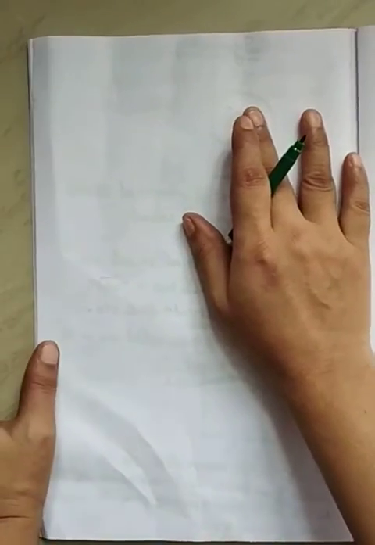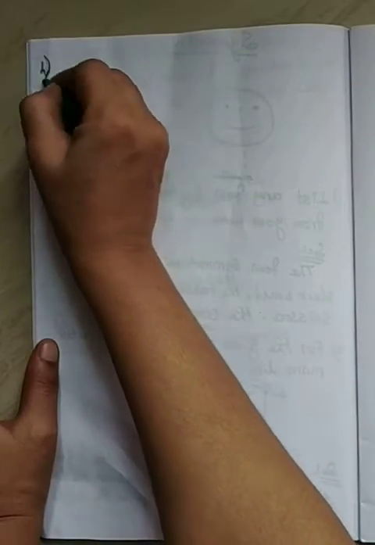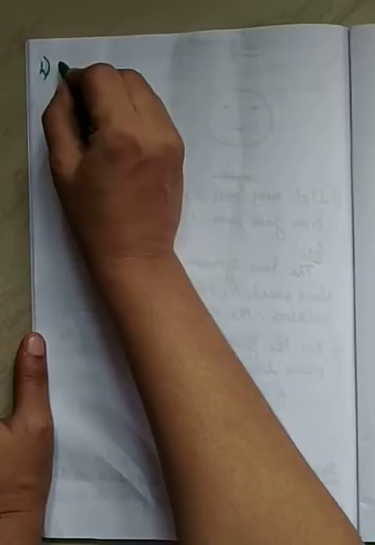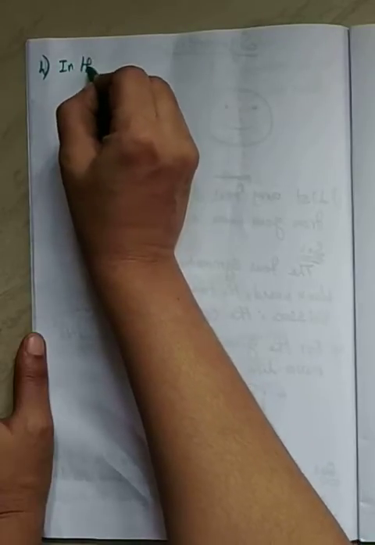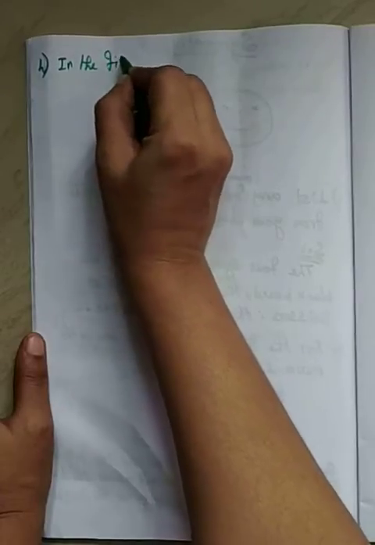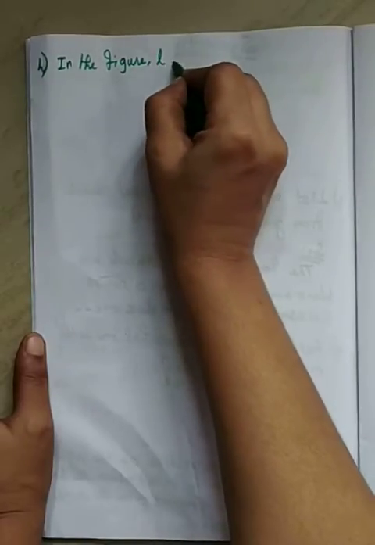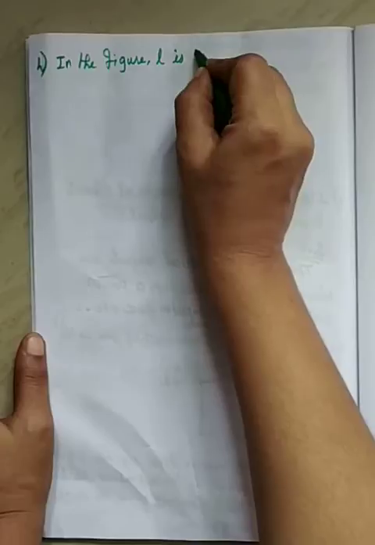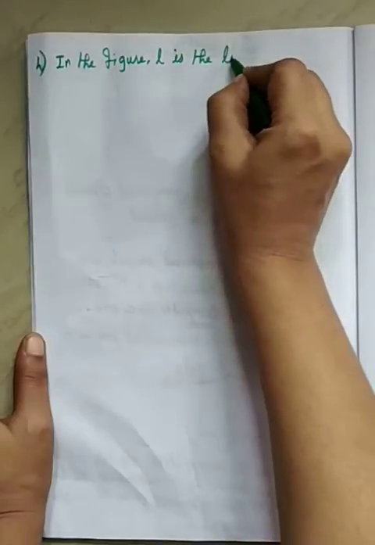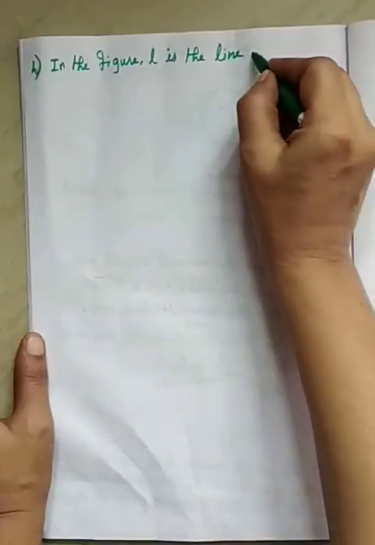The next problem. In the figure, L is the line of symmetry.